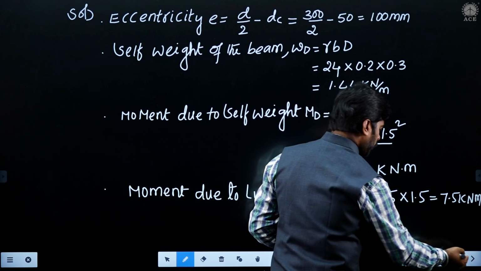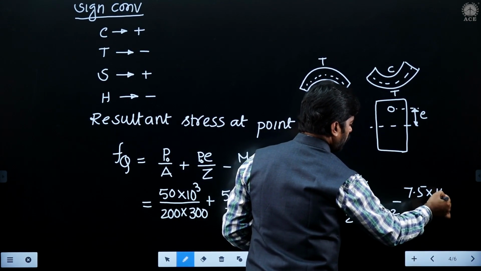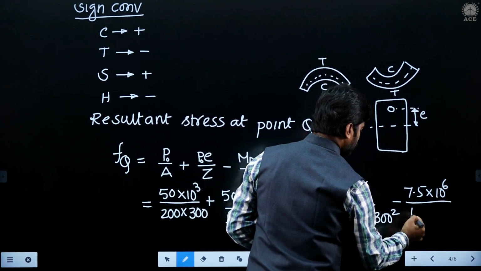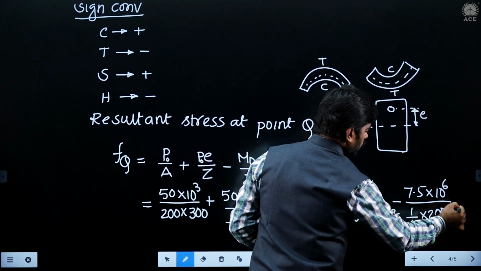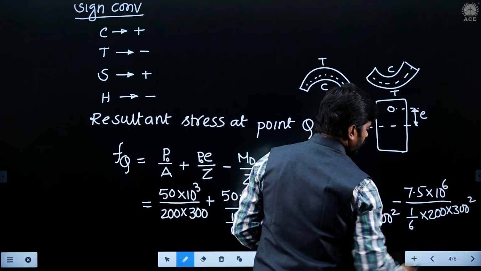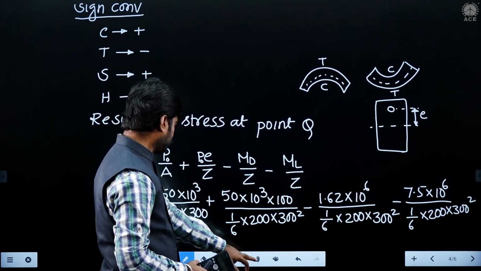It is 7.5. So, 7.5 into 10 to the power of 6 upon Z is 1 by 6 into BD square, 200 into 300 square. Got it? Okay.